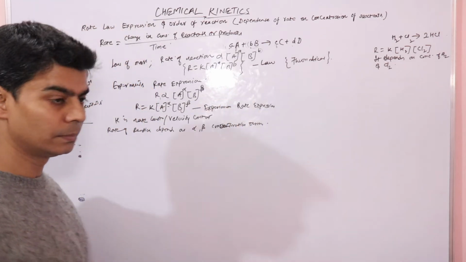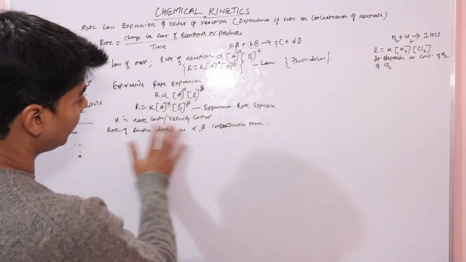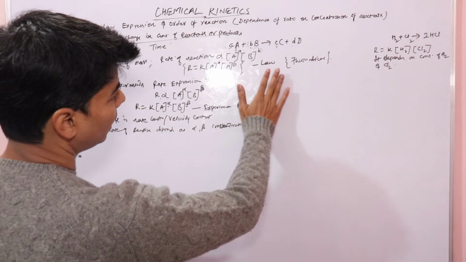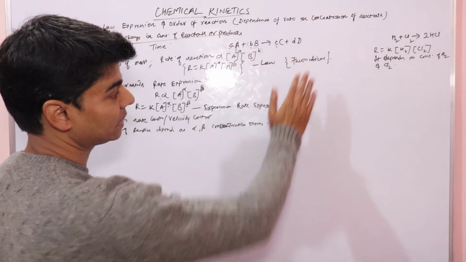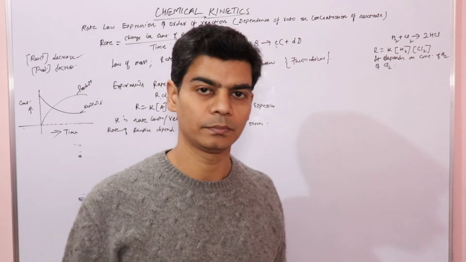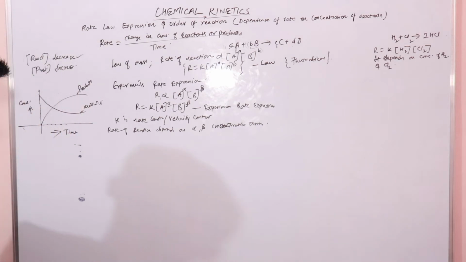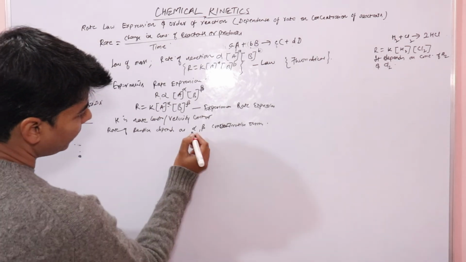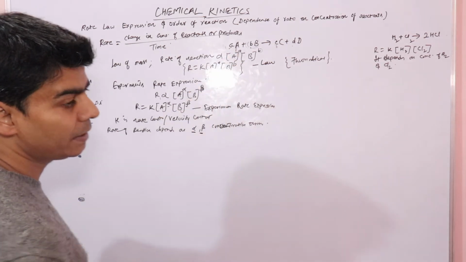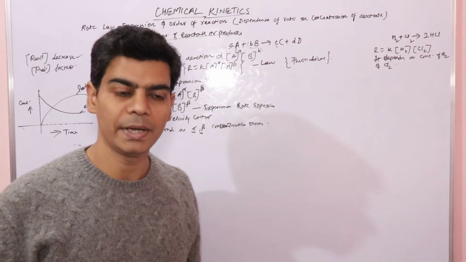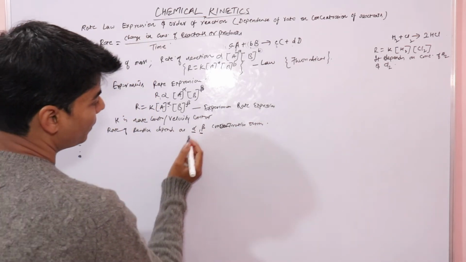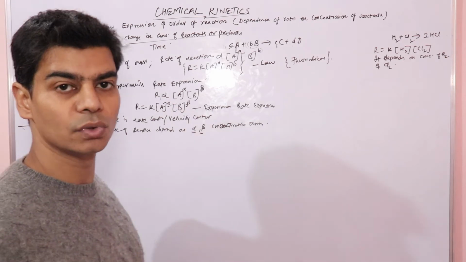So the rate of reaction is given by this rate law expression. And this may not be true because, as I said, this is theoretical and this is your experimental rate expression. Alpha and beta may be equal to a and b, may not be equal to a and b, they may be less than a and b. It may be 0, alpha and beta may also be 0.